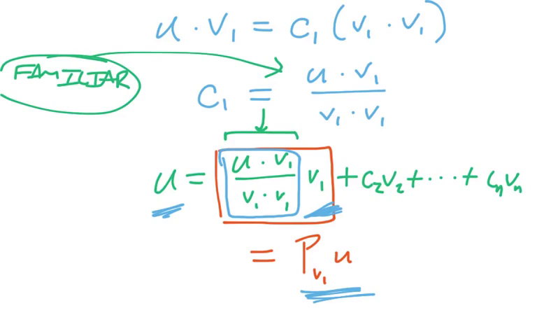If you tried to think about the idea of what a basis is really trying to tell you, you're really asking how much u points in the direction of these various vectors, V1, V2 through Vn. So what we just found is that u can be written as a projection onto V1 plus all of this other stuff that we have yet to figure out formulas for.